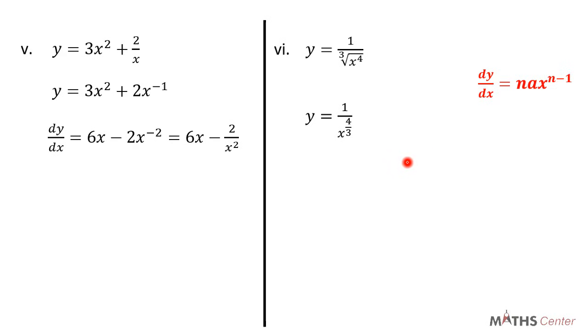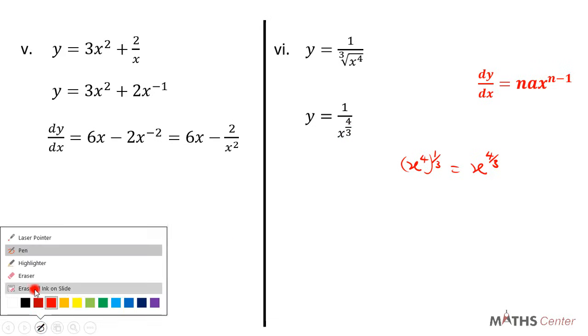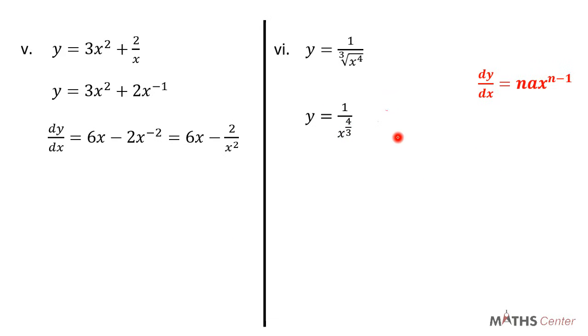So the cube root of x exponent 4 is basically x exponent 4 raised to the power 1 divided by 3, and this can be written as x exponent 4 divided by 3. So 1 divided by the cube root of x exponent 4 is 1 divided by x exponent 4 divided by 3. Now, let's continue. From indices, this can be written as x exponent negative 4 divided by 3.